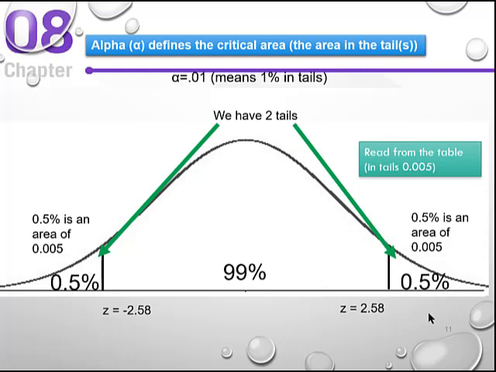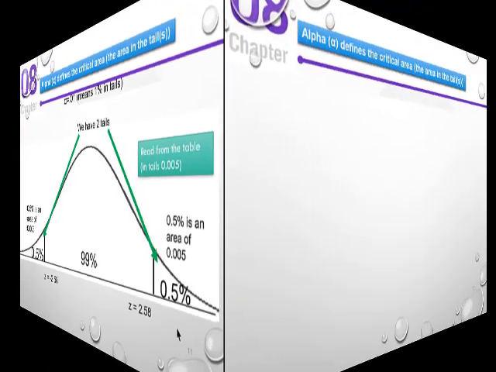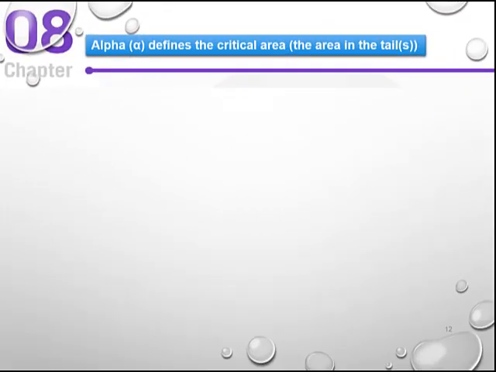So the critical areas for an alpha of 0.01 are the Z-scores of positive and negative 2.58. The smaller we set our alpha, the larger the inside gets, the smaller the critical areas get, because again, alpha defines the critical area.